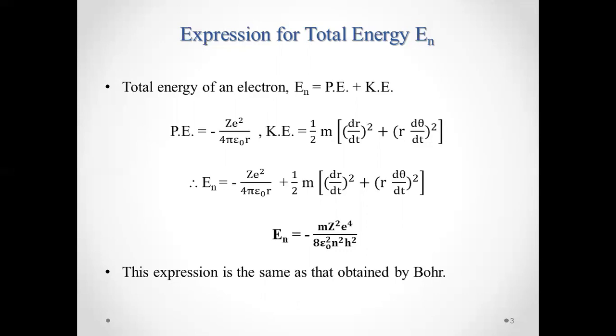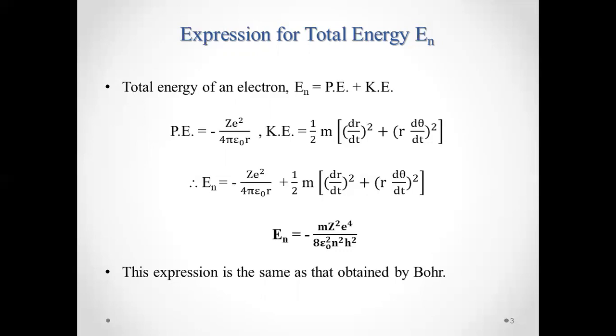For n equals 2, there are two orbits. One is circular, the other one is elliptical. For n equals 3, we find three orbits. Among them, one is circular and two are elliptical in nature, and so on.